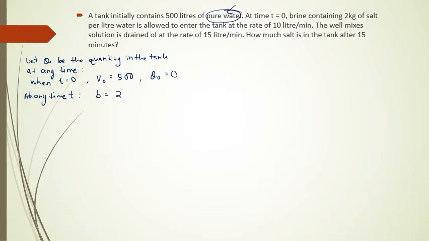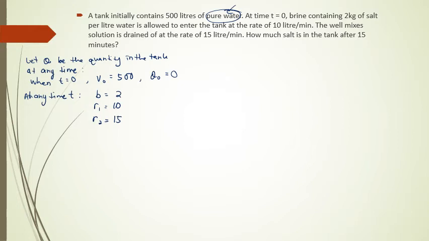Okay, 2 kilo per liter is allowed to enter the tank at rate. So kita ada R1 here is 10 kan. Okay, the well mixed is drained off at rate R2 is 15 liter. How much? Okay, so kita ada ni yang dia bagi.